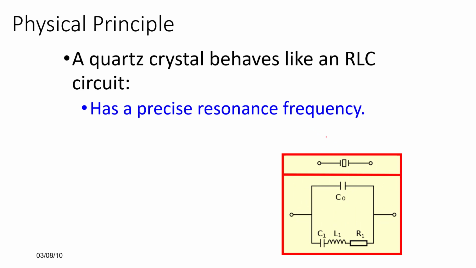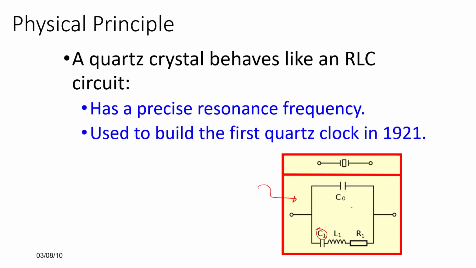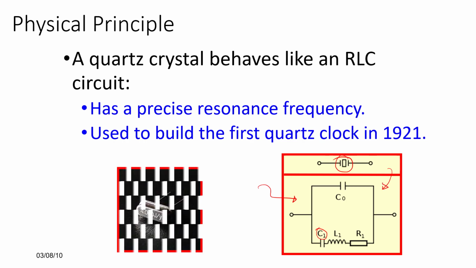Any quartz crystal which is used for the purposes of building a clock can be modeled with the following equivalent circuit, where we will have C1 as a capacitor, an inductor, and a resistor, and of course another capacitor in parallel. This quartz crystal, whose electronic analog is shown over here, was used to build the first quartz clock in 1921.